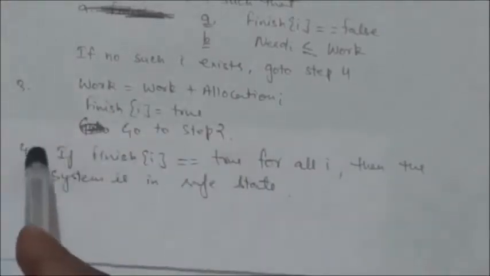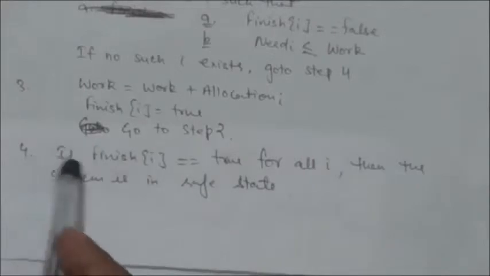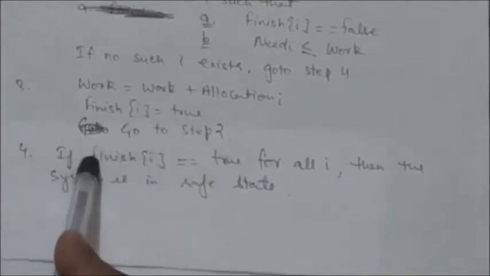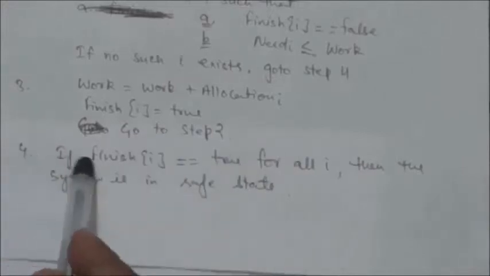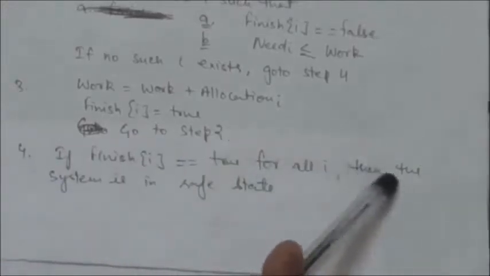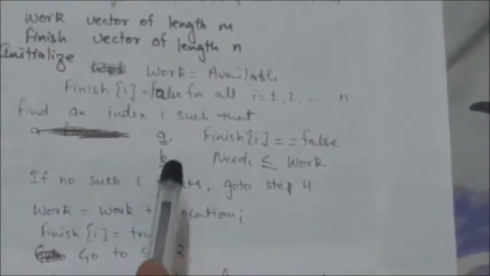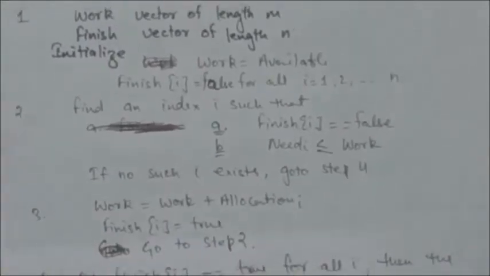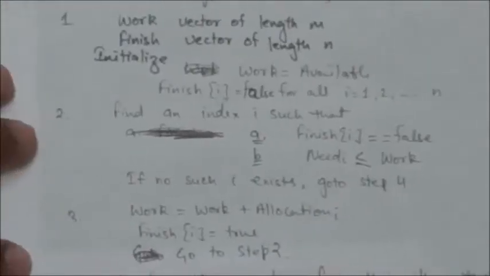So when we go to step 4, it is checked whether all values in vector finish are true. If all values are true, it means that the system is in safe state. Otherwise the system is not in safe state. This will happen if we do not find such index i in step 2.